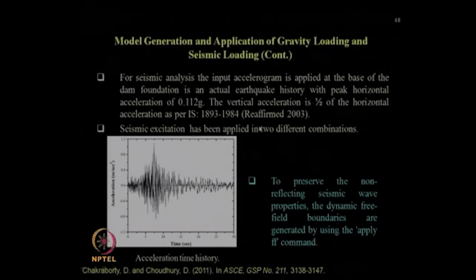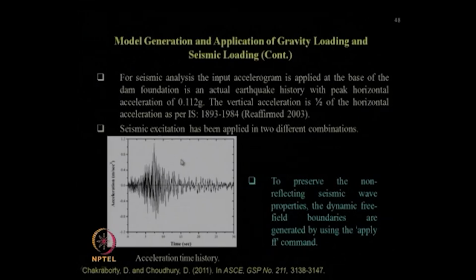Then what value of earthquake needs to be chosen? We have chosen the Taft earthquake acceleration time history with a peak horizontal value of this one, which is reaffirmed with the IS code recommendations, and half of that value is used for vertical seismic acceleration for the pseudostatic analysis and so on.